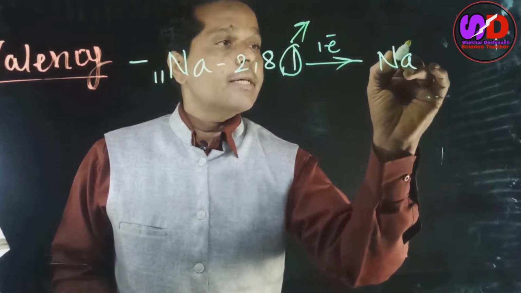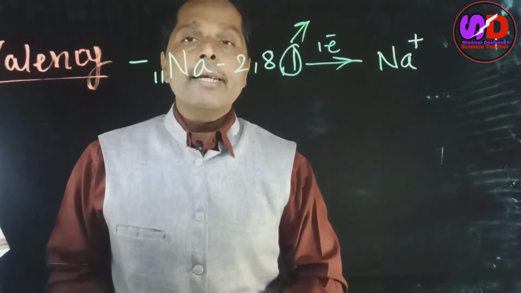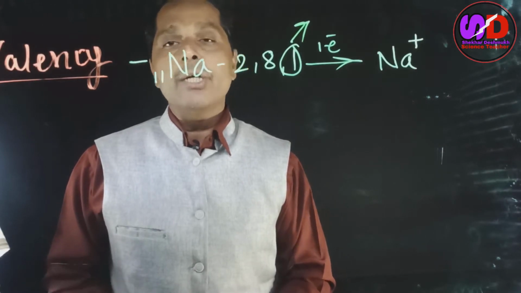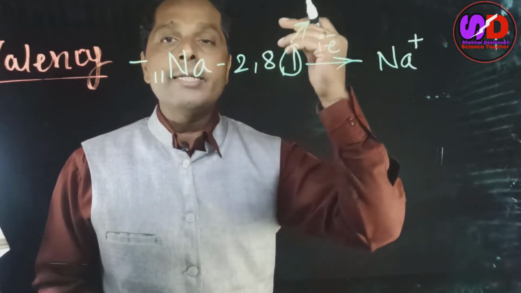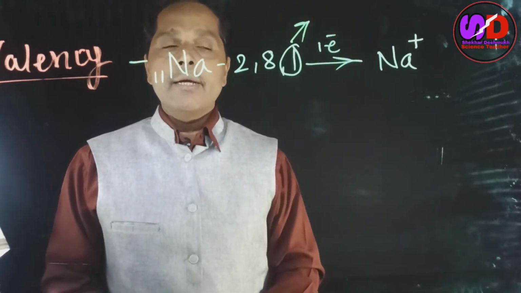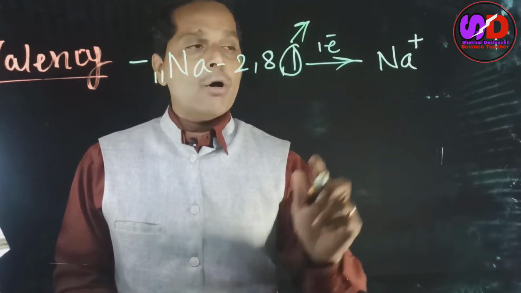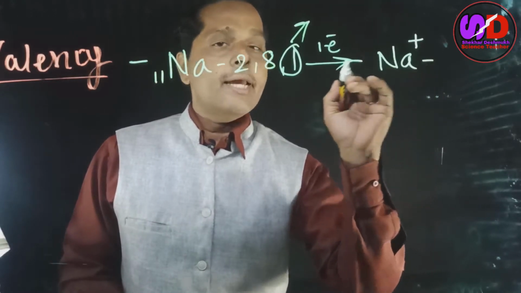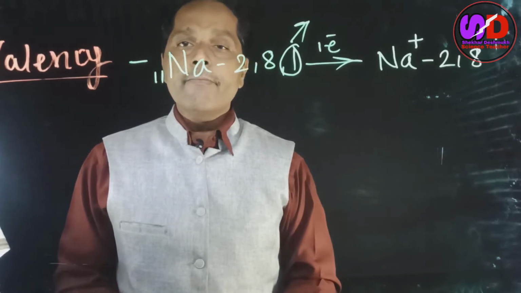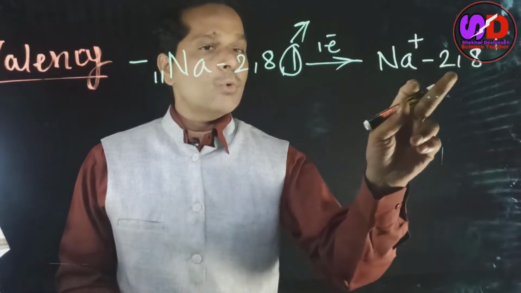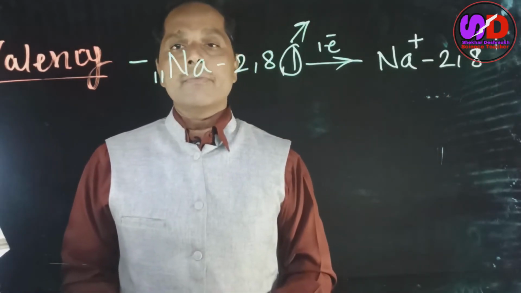Ion means it takes a 1 positive charge. Why? Because 1 negative charge, that means 1 electron, is given away. And therefore Na+ is formed, and this Na+ has electronic configuration of 2, 8 because it has only 10 electrons.